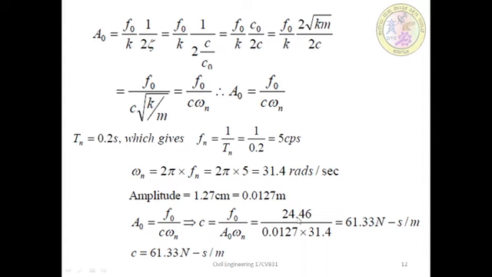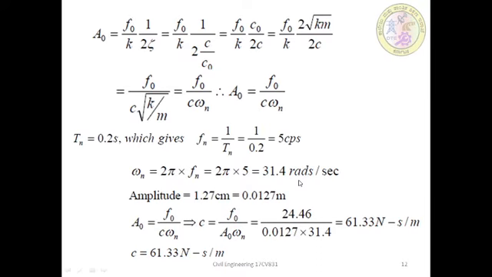F naught is the initial harmonic force, 24.46 Newton. You substitute it here, the given data 24.46, and the amplitude, which we have just seen in terms of meter, the resonant amplitude is 0.0127.